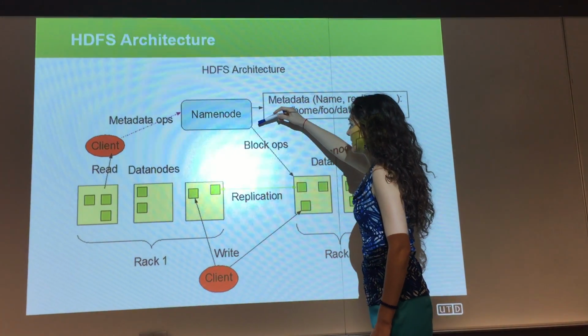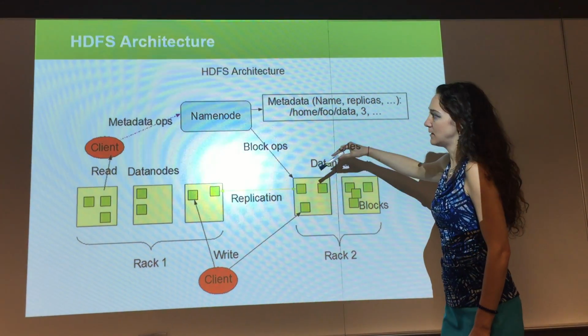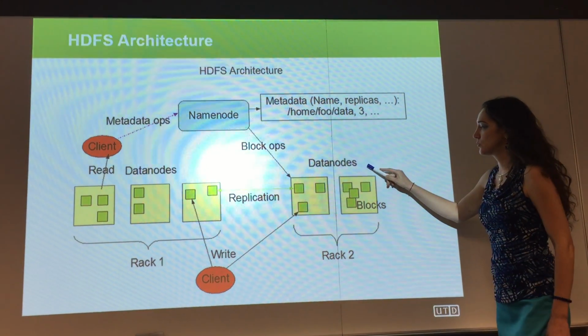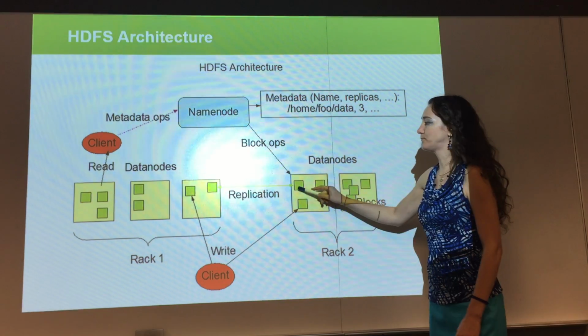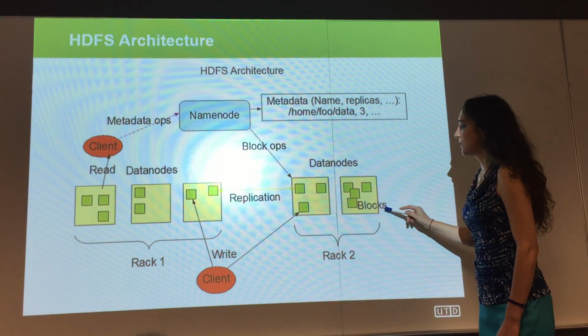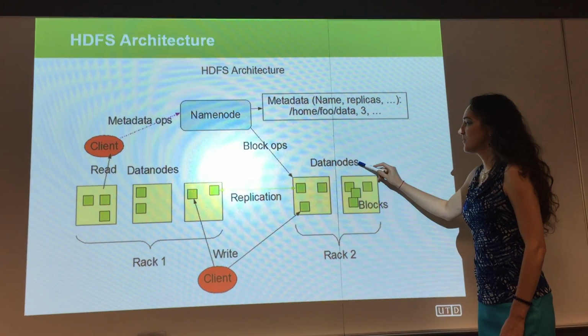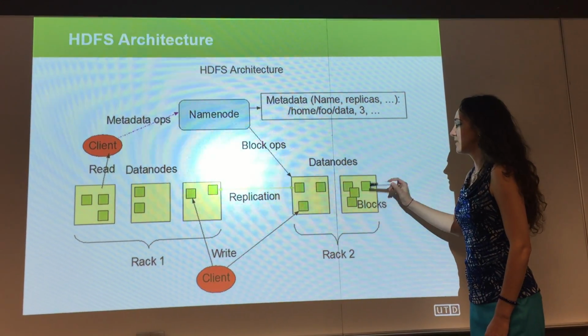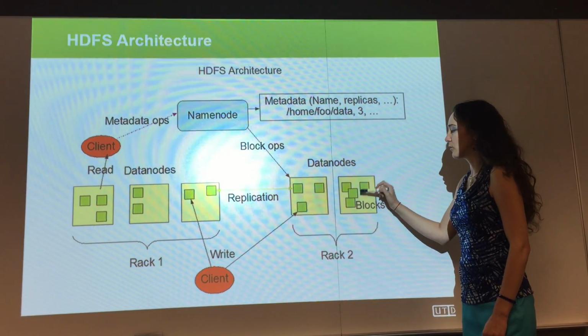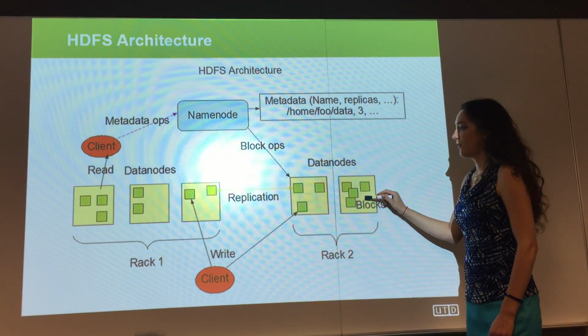It tells where they're located. The data nodes contain the actual blocks of the files, and they are the ones who perform the operations on the files. They will open the files, close the files, update the files.